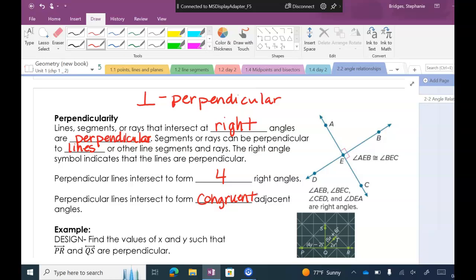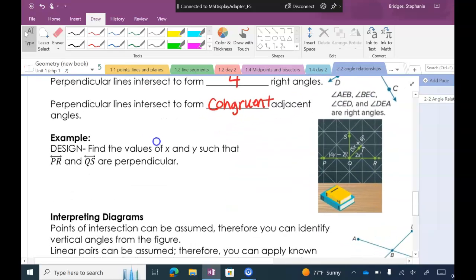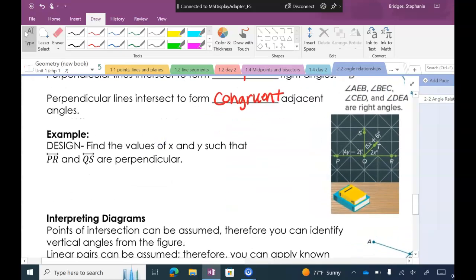Is everybody good? Anybody have any questions so far? Alrighty. That picture is hard for me to read, so I'm going to draw it up here. Give me just a second. There's a lot going on in that picture.